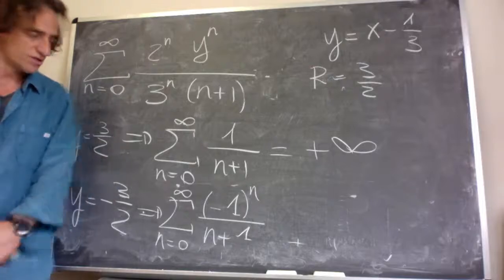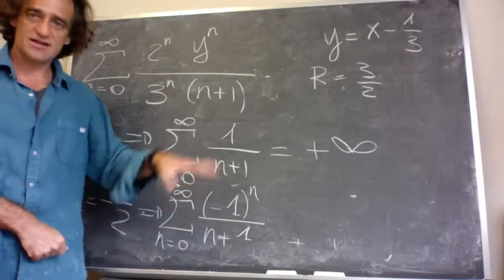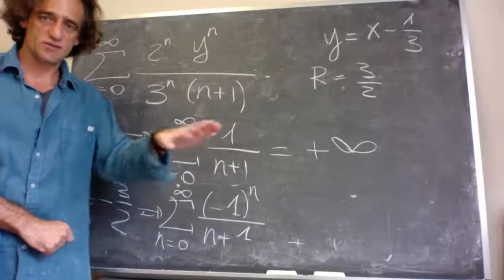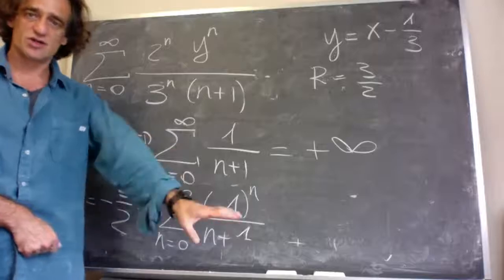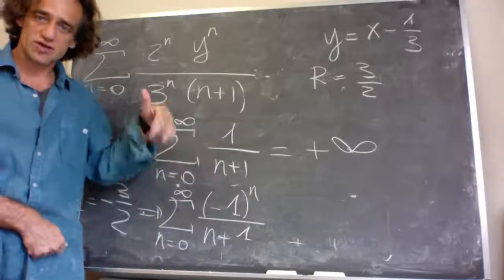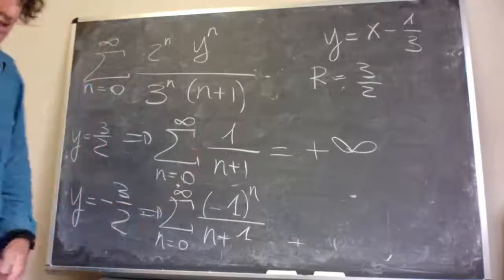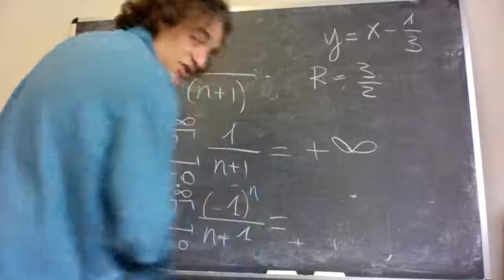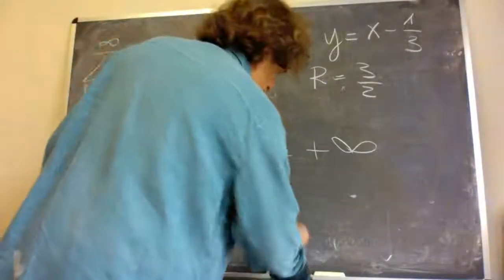I repeat what the Leibniz criterion asks. First, alternate sign, one positive, one negative, one positive, one negative. Second, the generic term goes to 0. Third, the absolute value of the generic term is monotonically decreasing. These conditions are all fulfilled here, so this converges.